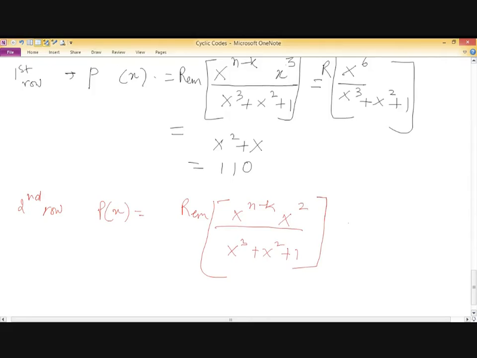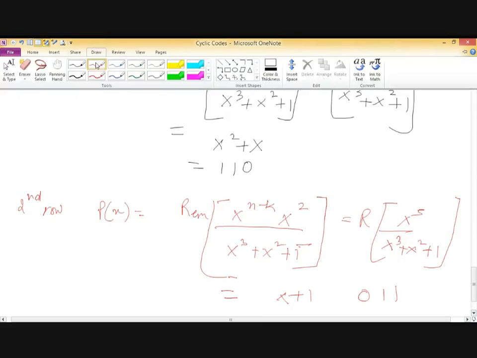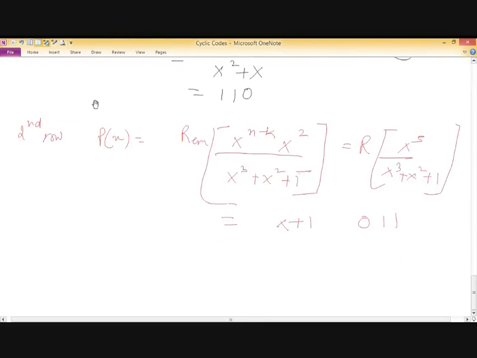So that will be x to the power of 5 divided by x cube plus x square plus 1. If you divide it, you will be getting a remainder of x plus 1. That means 0 1 1. You have to continue this, because जब हम 7,4 कोड की बात कर रहे हैं, we are talking about k rows.